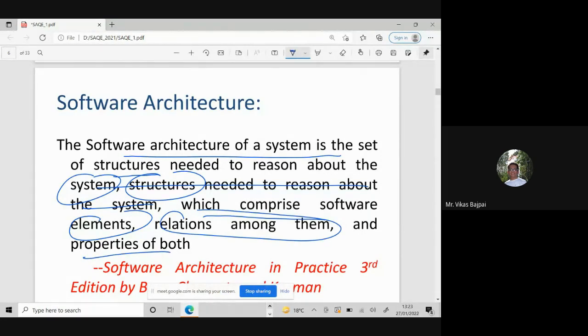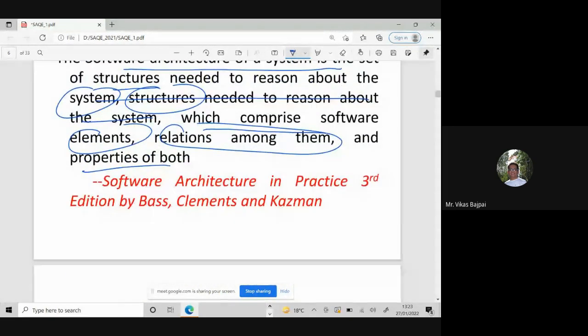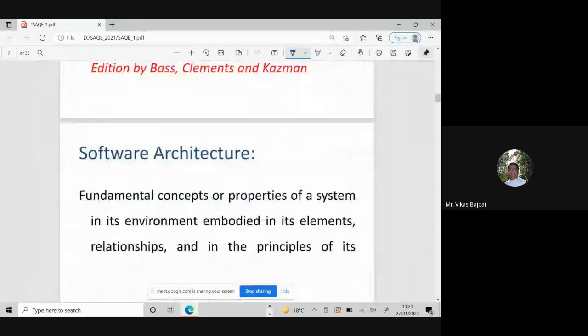So majorly we are talking about components and the relationships. There can be multiple relationships. We'll see in some of the classes where we'll deal with the components and the associated relationships.